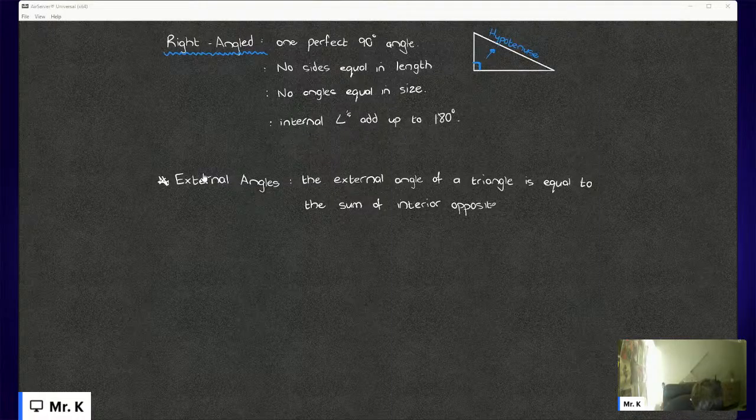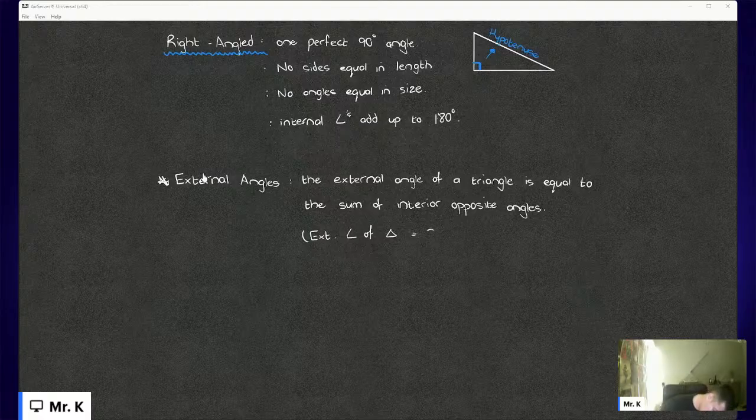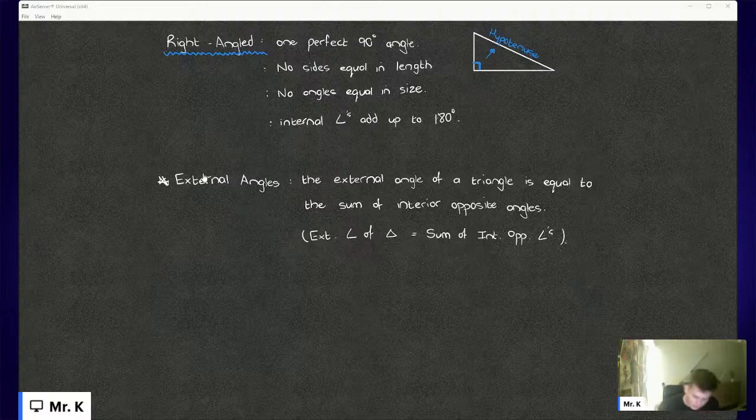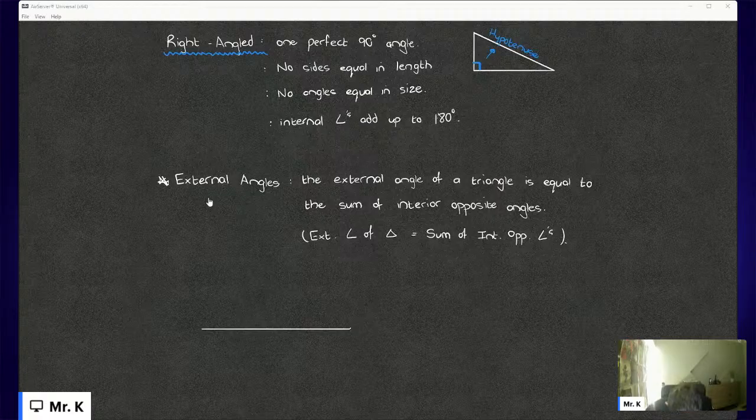Sorry about that. I thought something looked a little wrong with the definition. So, again, if we write this in a shorthand form, the external angle of a triangle is equal to the sum of the interior opposite angles. Apologies for that, guys. So, again, if we draw this into a diagram, you'll see exactly what I mean.